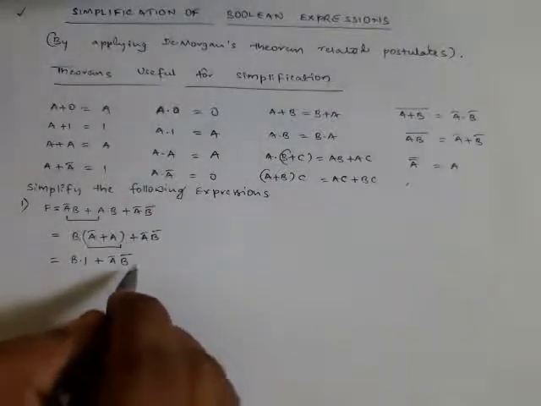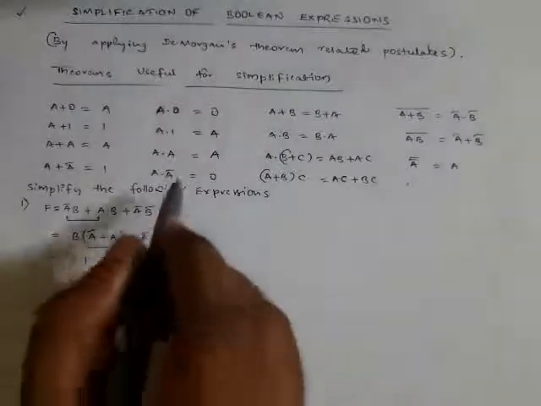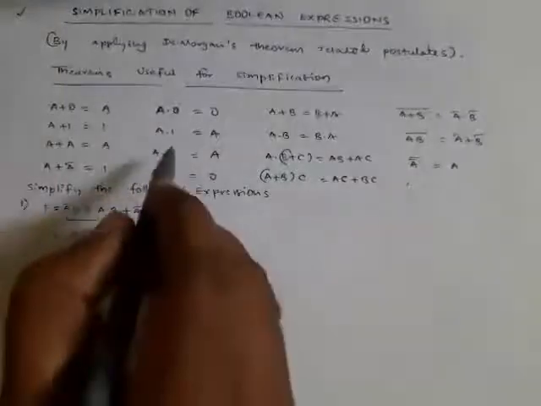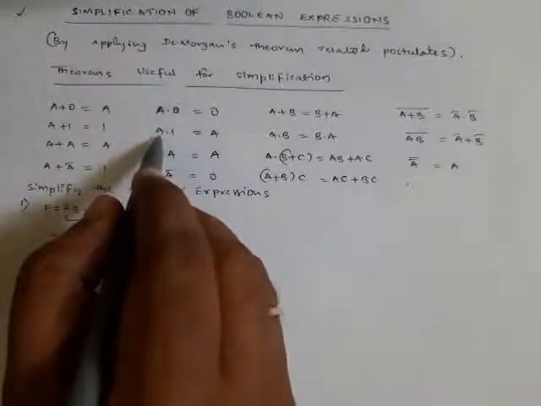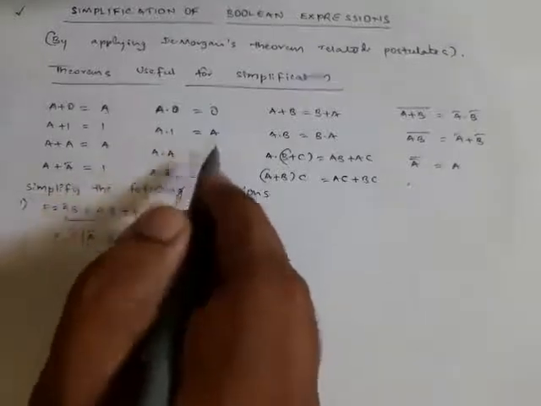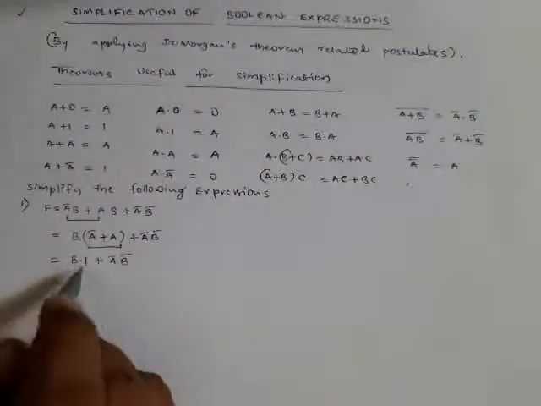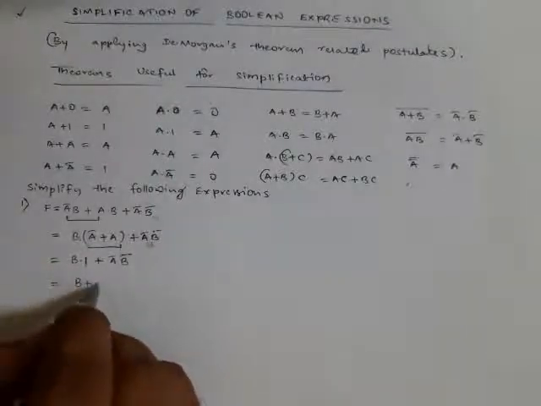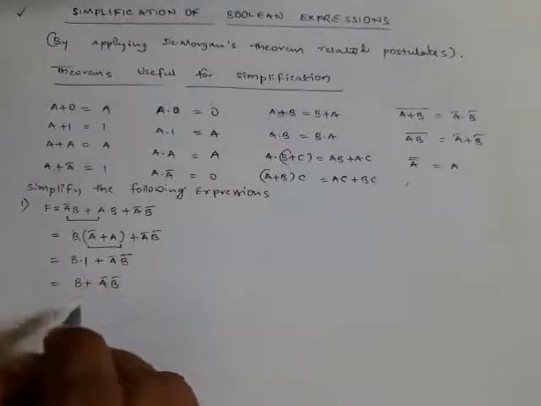I can write this as b dot 1, and a dot 1 equals a only. That means when an AND operation is performed between any variable and 1, the result is the variable itself. That is b here, and the second term is written as this.